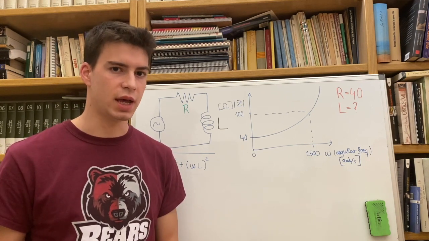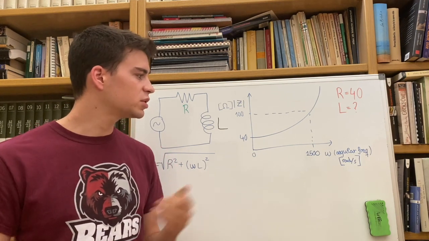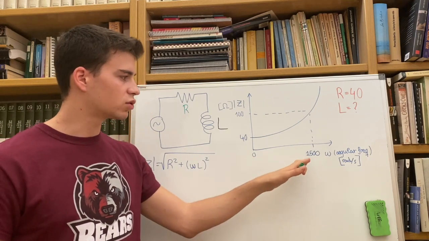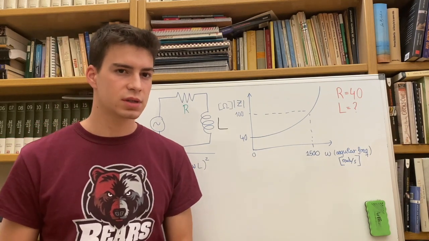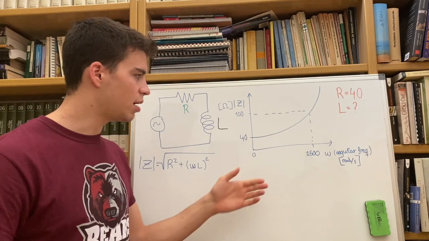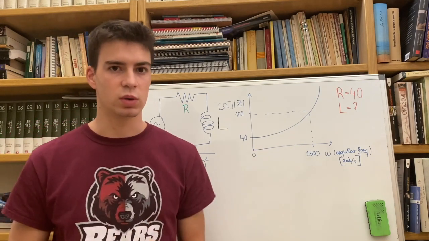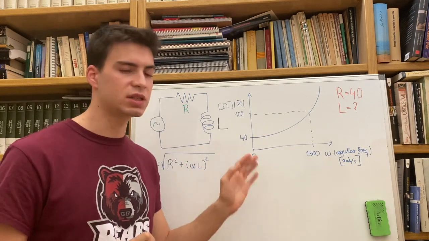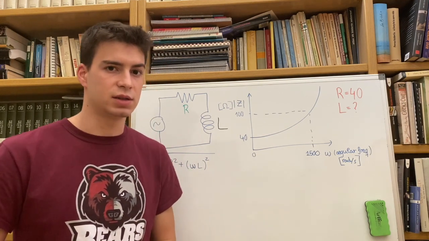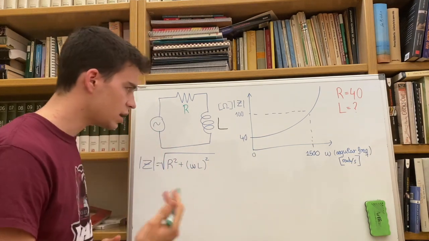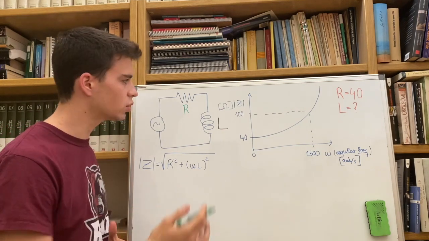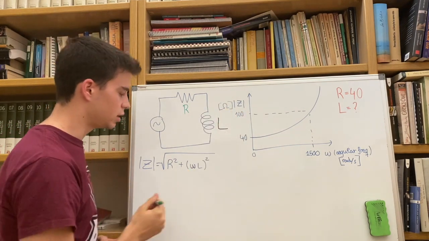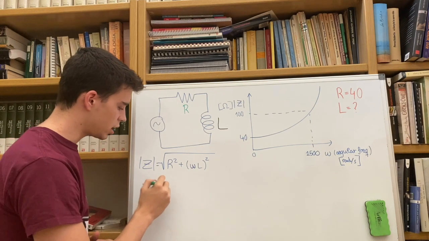For simplicity, while looking at the graph, this was the point that was more obvious for everyone to grab and plug into the equation, so that's why we're using that point. But I want to clarify that any point from this graph would be as good as that one. Let us proceed to do the calculation. So we know that the modulus of the impedance is just 100.